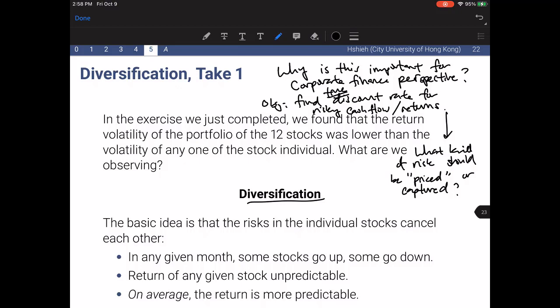To give you a brief overview, there are two types of risk that you should think about at this moment. The first is risk that can be diversified, and then risk that can't be diversified. So I'm going to call this undiversifiable. Let's call this diversifiable and undiversifiable.